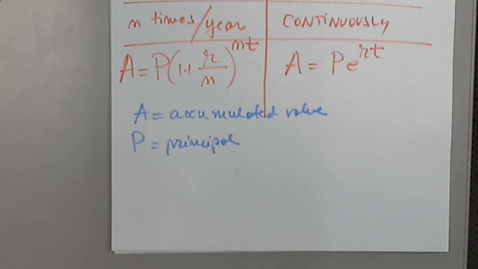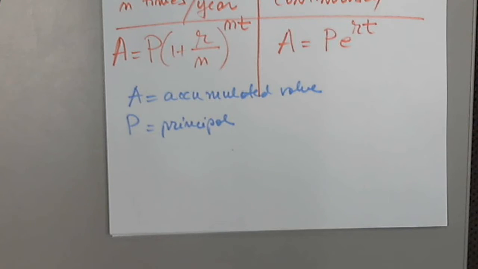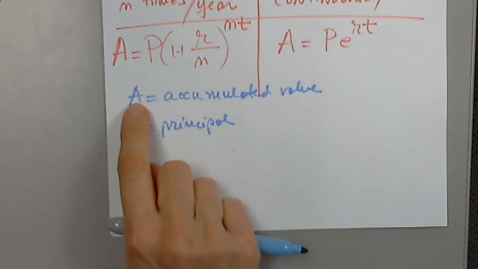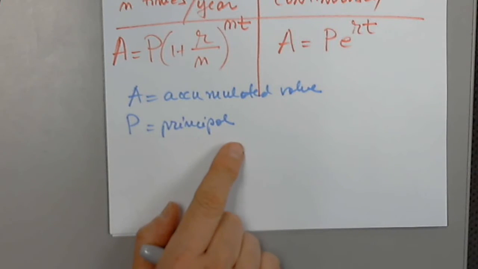Okay. What is the accumulated value? So for example, down the road, 10 years from now, 20 years from now, our investment, our principal, will grow to this amount, the accumulated value. P is the principal, what we deposit today. Okay, r.